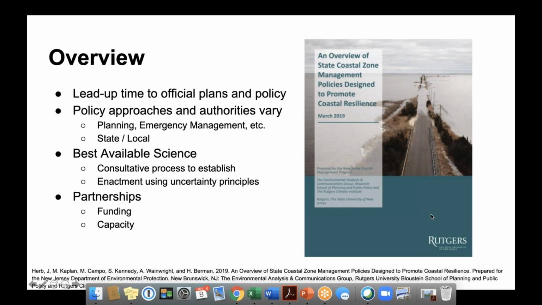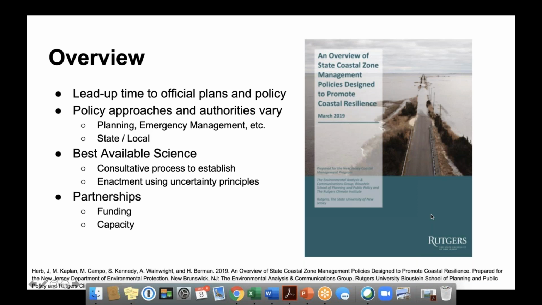A lot of the states and a lot of the programs that we look at around the country use some form of that, right? So it's not about the planning department feeling that they have to take this on themselves. There's a lot of consultation here that is helpful and beneficial, and folks learn a lot.